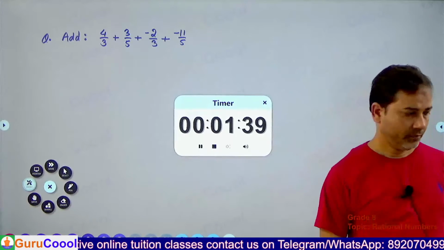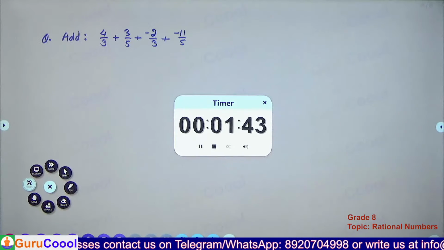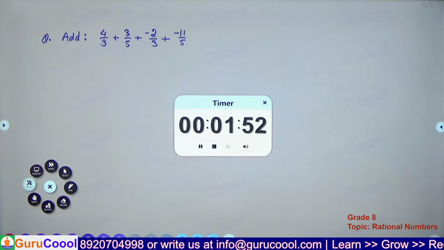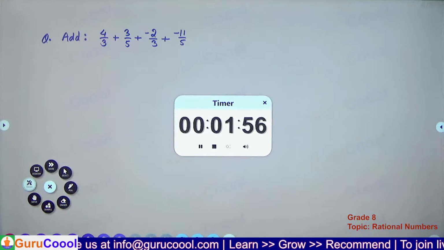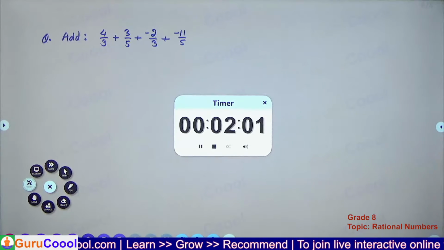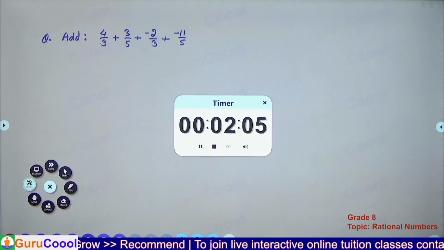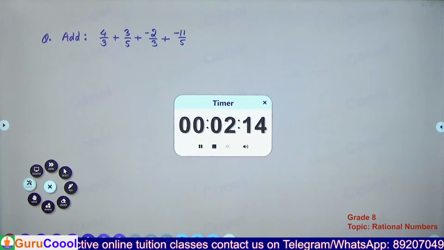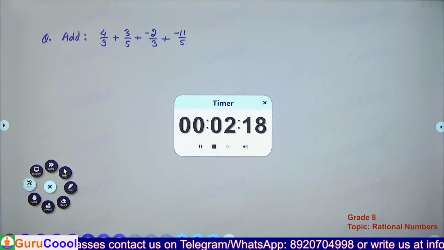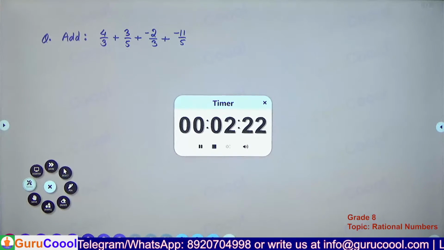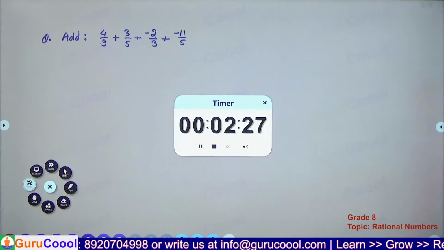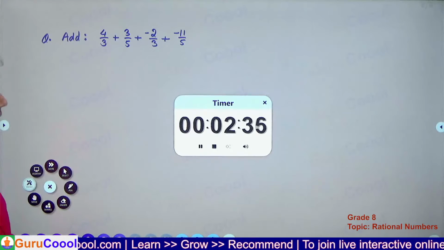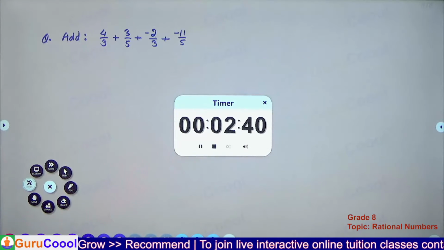1.5 minutes gone. Two and a half. Submit it now. 3 minutes was for submission.